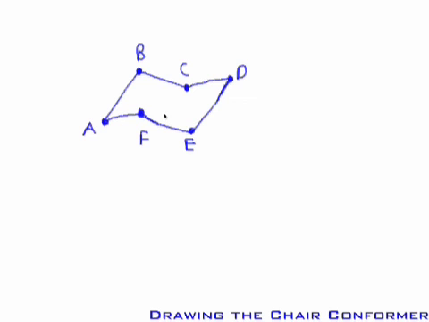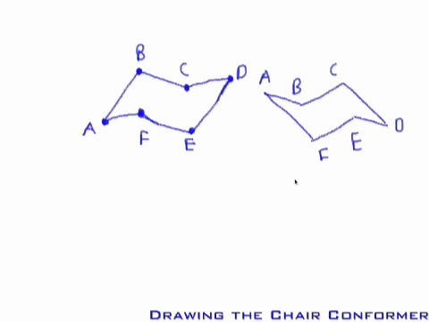I just want to point out, if you had followed these rules and your initial parallel lines had the opposite tilt, so you're drawing BC this way and FE this way, then you would have drawn A angled up and D angled down. And when you join them up, you would end up something like that.